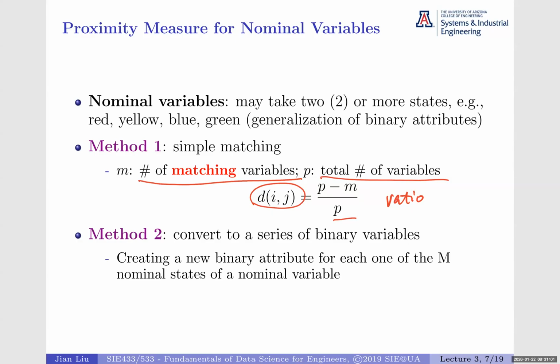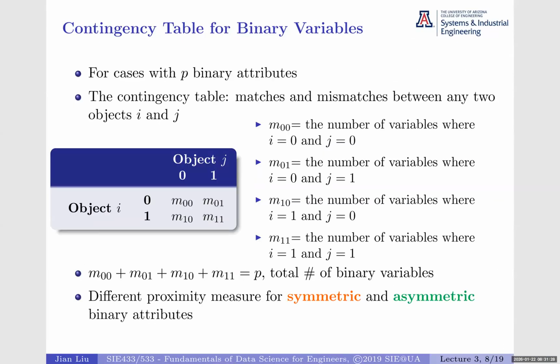If one data object has red hair, it is 1. Otherwise, it is 0. We have multiple binary variables to model a multi-state nominal variable. That is another method we can use to compare two different objects modeled by nominal variables. Okay, this is the first one.